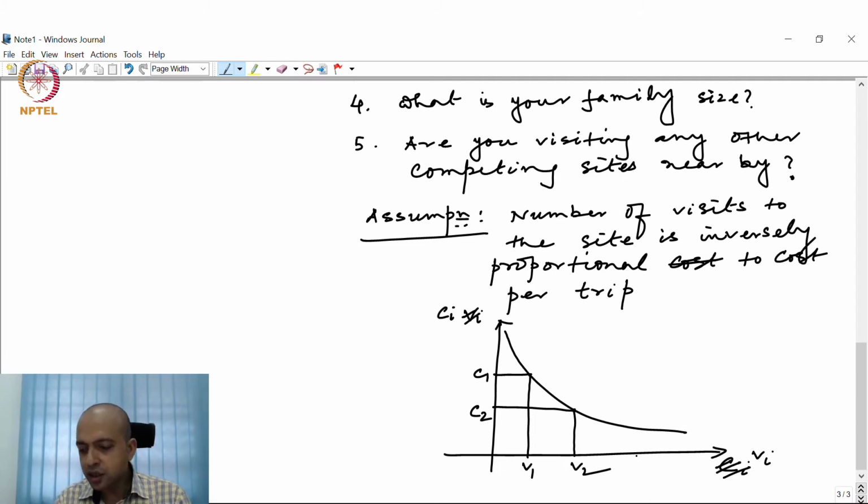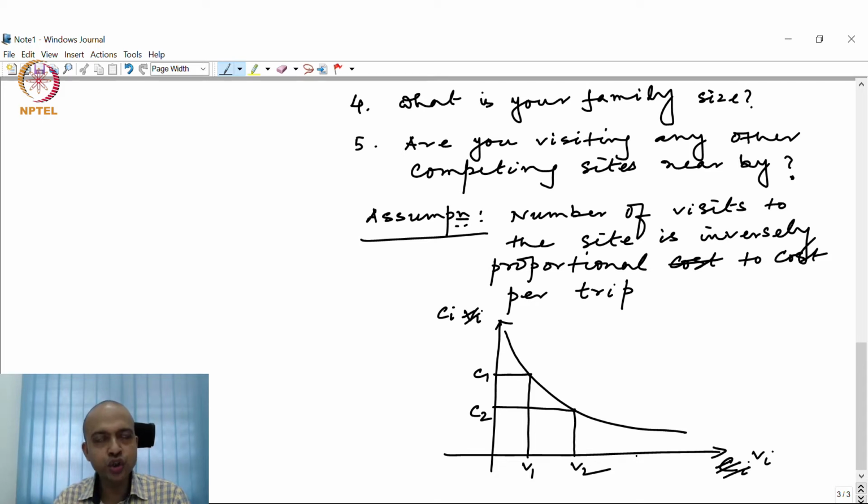As the cost per trip decreases, the number of trips increases, just like any other demand curve. So the visitors are demanding the environment and the demand is a function of cost per trip.